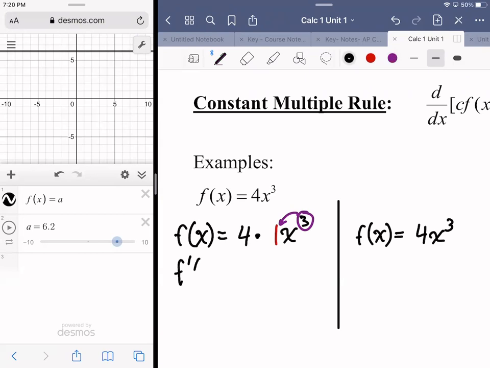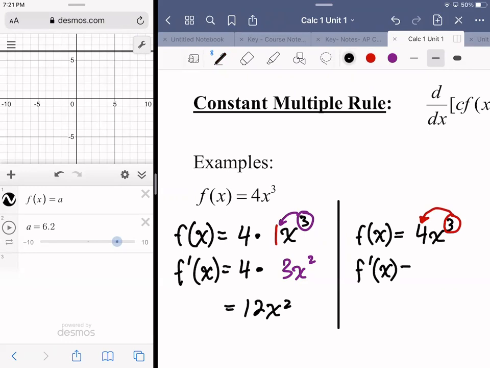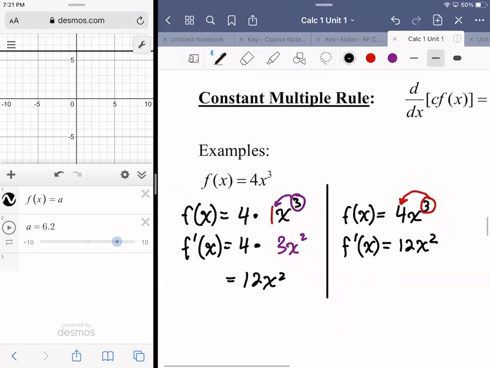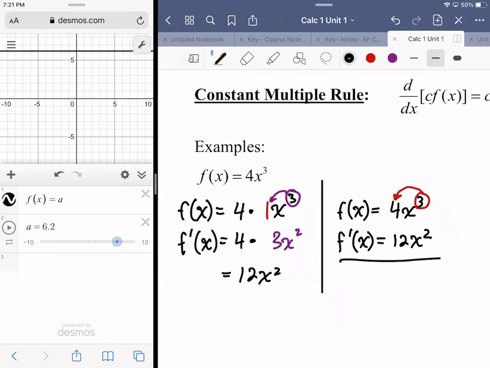So f prime of x would be equal to 4 times 3x to the second, which would in turn become 12x to the second. Or multiply the power by the coefficient 4, f prime of x would be equal to 12x to the second all in one shot.